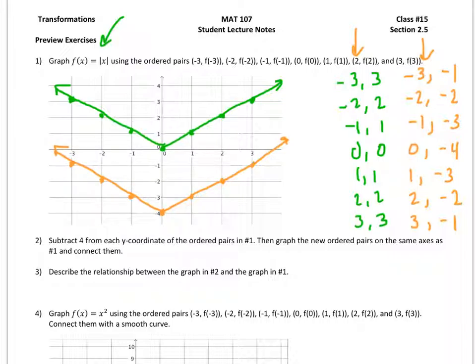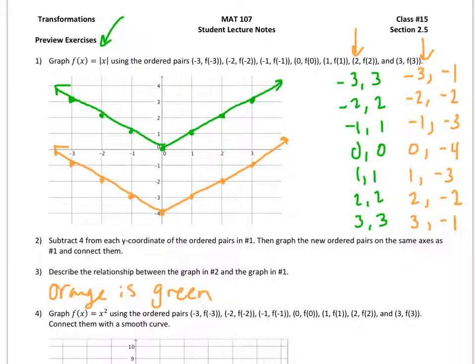And it appears that my orange graph looks exactly like the green graph, except I shifted the whole thing down 4 units. Okay, so the graph for number 2, that's my orange graph, is the green graph.